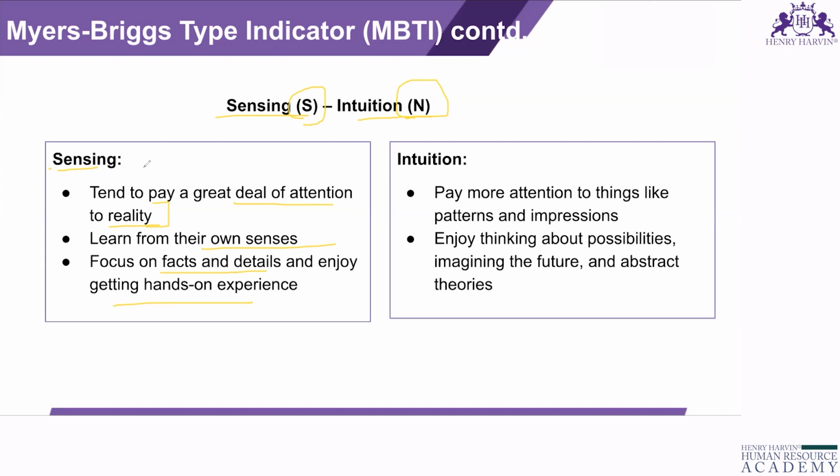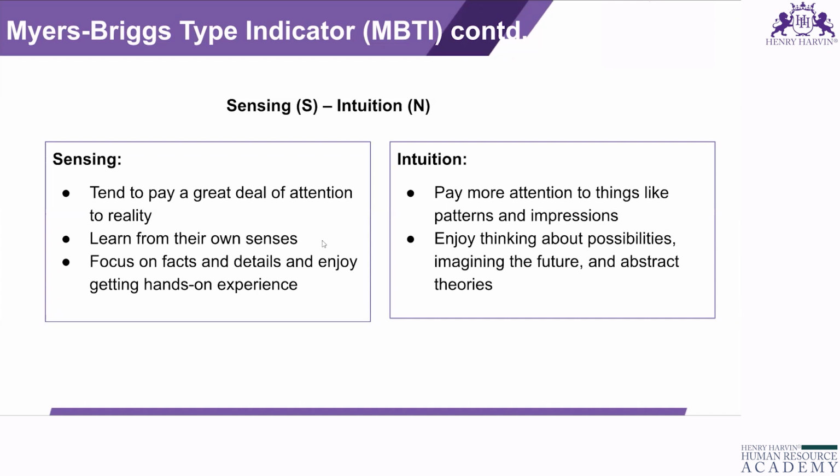Whereas the person with intuition pays more attention to patterns and impressions, and enjoys thinking about possibilities, imagination, abstract theories, etc. So not on the facts, but imagination and abstract theories. Those are the intuitive, and the sensing ones. This is the second pair.